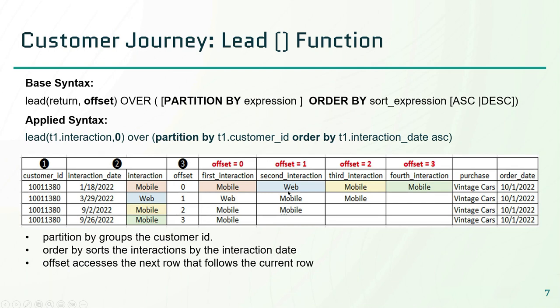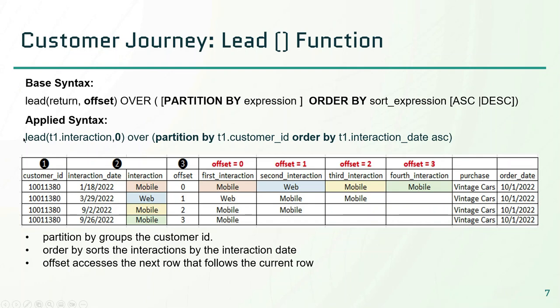In our example, we'll be building code where we can see the first, second, third, and also the fourth interaction. As we build the code, we'll be using separate lead functions to capture the interactions or the offsets.